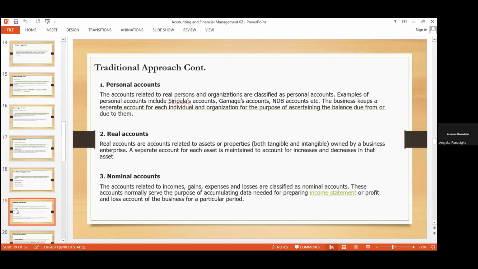The accounts related to real persons and organizations are classified as personal accounts. Examples of personal accounts include Siribala's account, Gamage's account, NDB account, etc. The organization keeps separate accounts for each individual and organization for the purpose of ascertaining the balance due from or due to them.